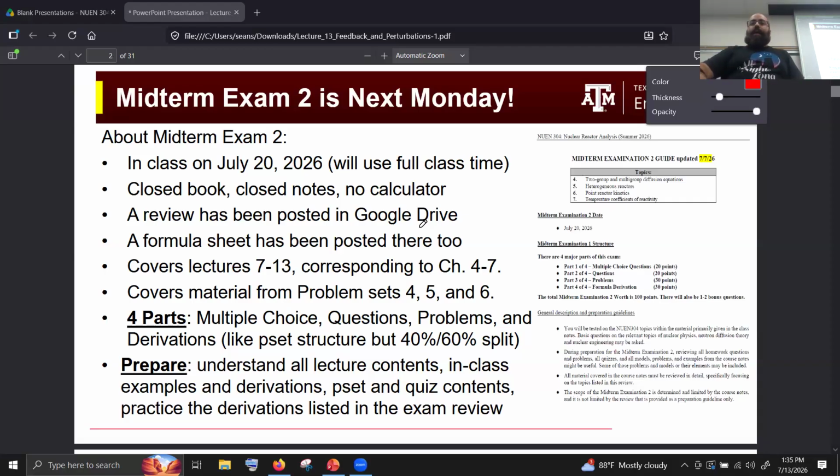In terms of studying, the exam will cover lectures 7 through 13 and problem sets 4, 5, and 6. Knowing how to do those problems is really good, because if you understand them, you're not going to see anything on the exam that might surprise you, besides maybe derivations.